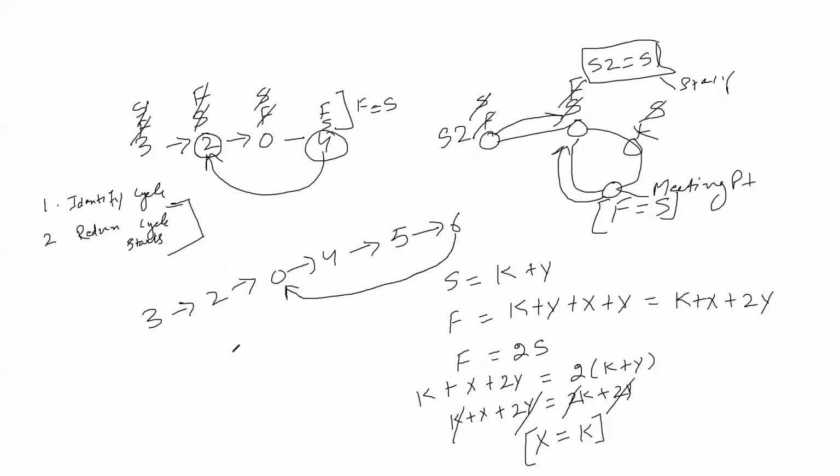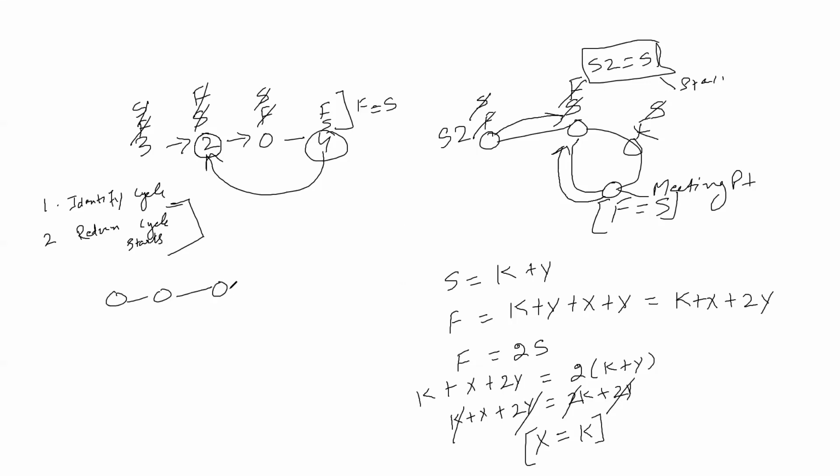And then how is that relating to when S2 and S meet, that's the starting point? It wouldn't relate from the formula to the actual solution. Where they intersect, from there you start moving, and from the head you start moving, where they meet will be the starting of the cycle.